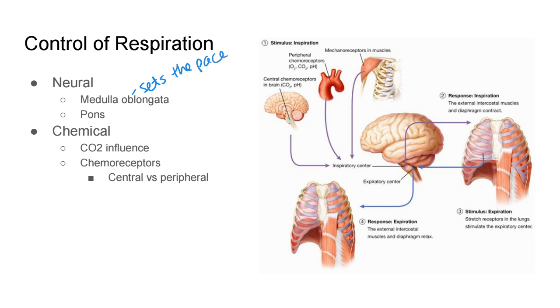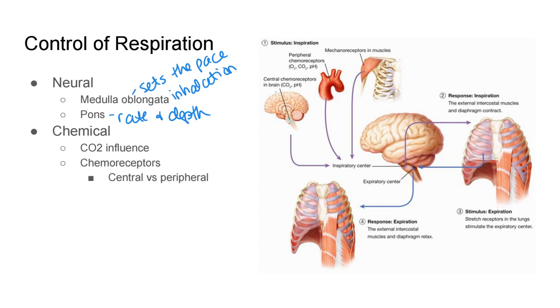So the medulla will help set our normal breathing pace. It is going to trigger inhalation. So that's how it will help set the pace by telling you it's time to inhale. And then the pons is going to adjust the rate and the depth. So receiving information from your body and maybe saying that we need to breathe a little bit faster, a little bit deeper, that kind of thing.